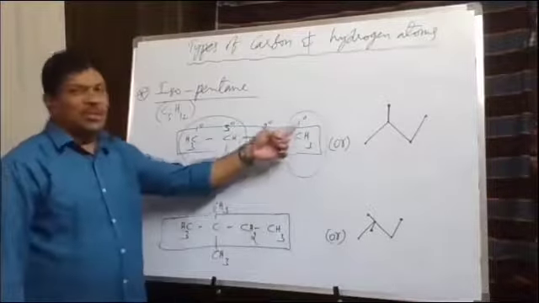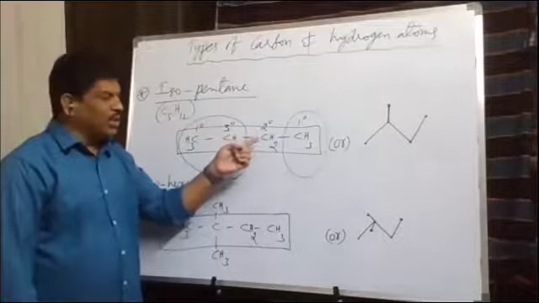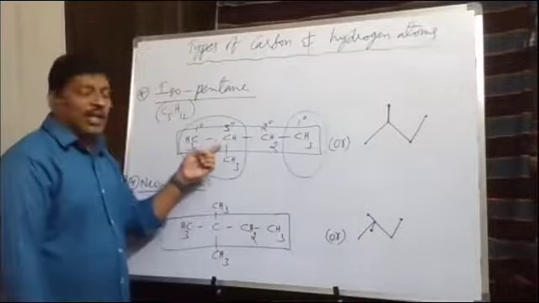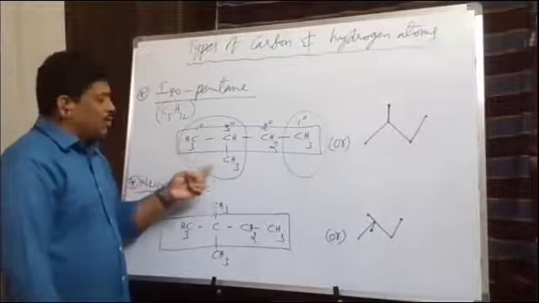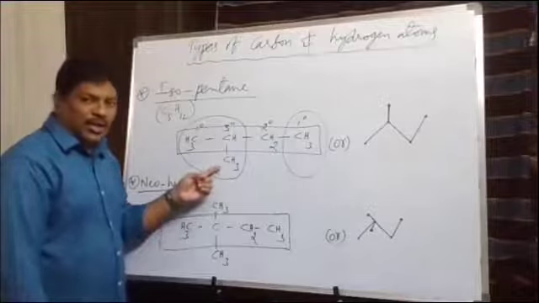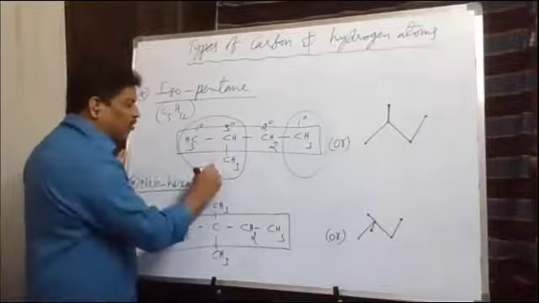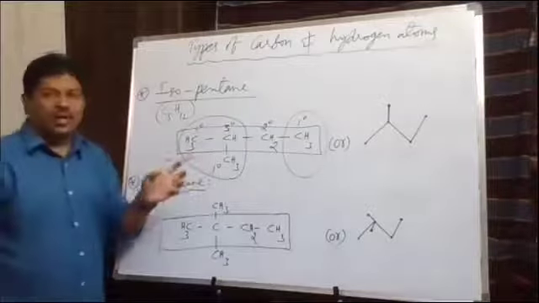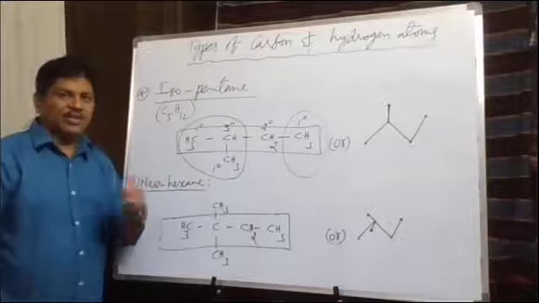So 1 degree carbon is nothing but primary carbon. 2 degree carbon, how to read? Secondary carbon. And 3 degree carbon is tertiary carbon, and 1 degree carbon again. So this carbon is also attached directly to how many other carbons? One carbon. So it also is called 1 degree carbon. So like this, we have to understand primary carbons, secondary carbons, tertiary carbons.